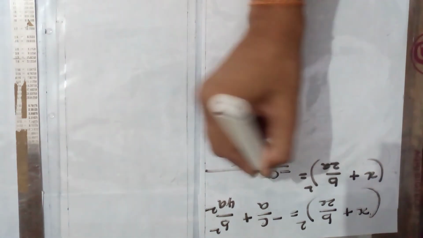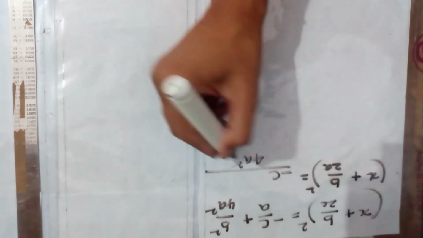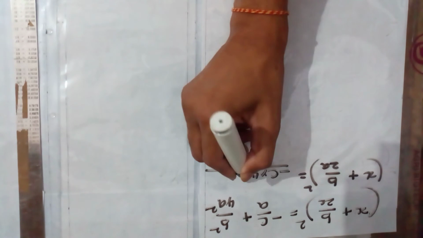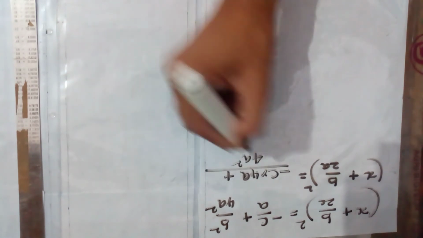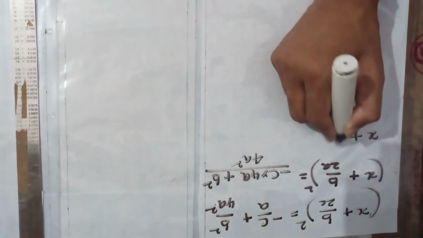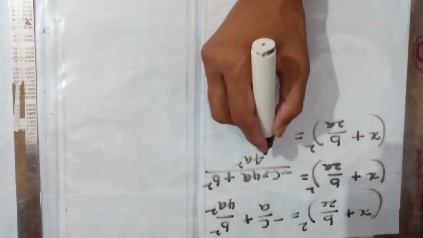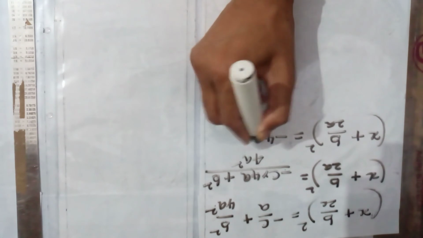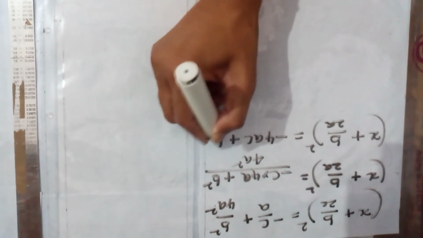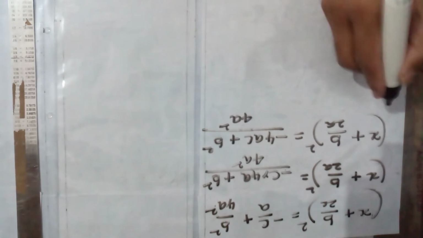Now, minus c. In 4a square, 1a is the same. Then what is the remaining here? 4a. Write down 4a plus, in 4a square, 4a square is present, then write down here b square. Then x plus b by 2a whole square is equal to minus c into 4a, that is minus 4ac plus b square by 4a square.